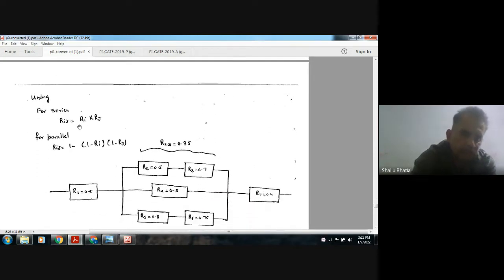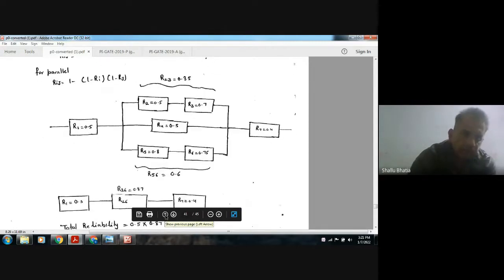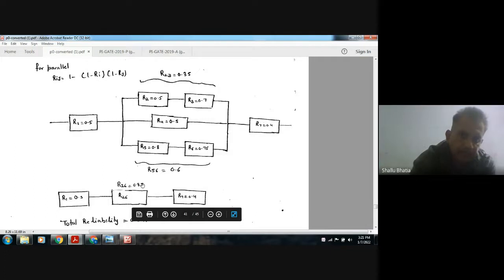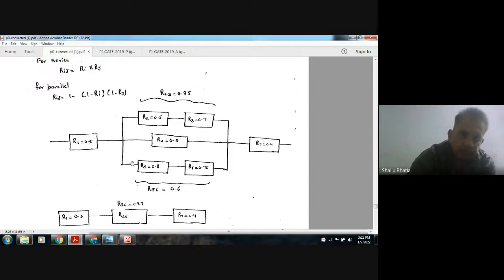For series, the reliability is the multiple of the two reliabilities. Now these two are in series, so they can be replaced, and these are in series, so these can be replaced. R1 is 0.5, here it will be 0.35, and R5 will be 0.6.